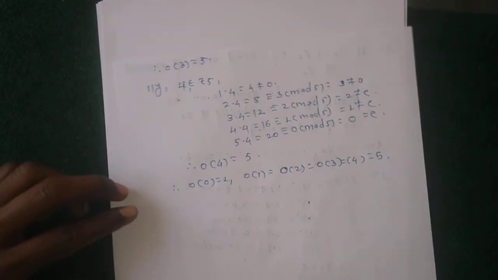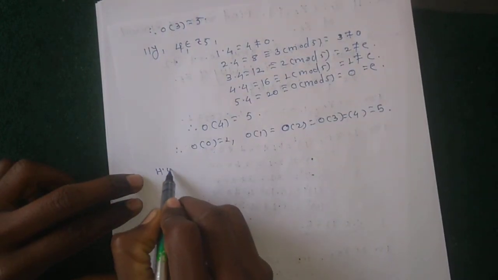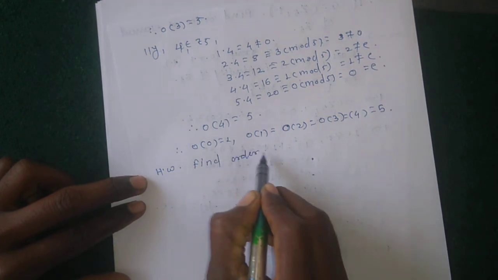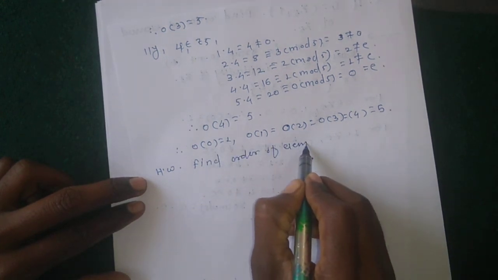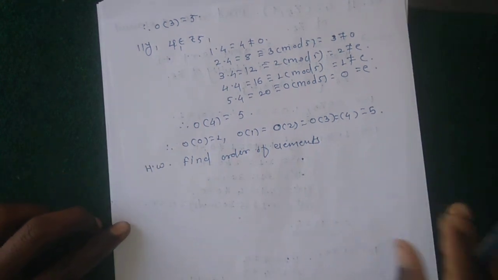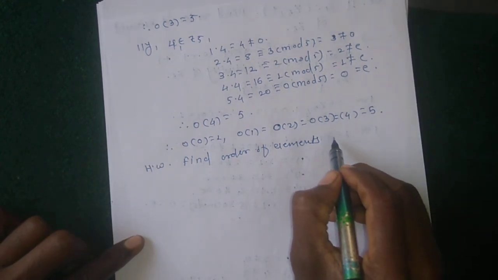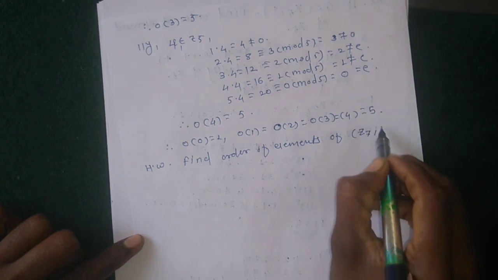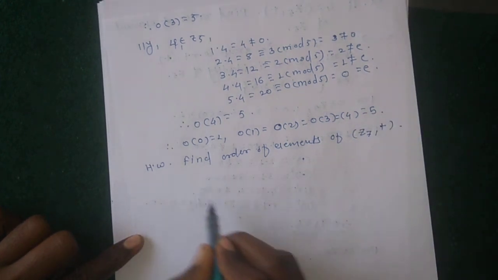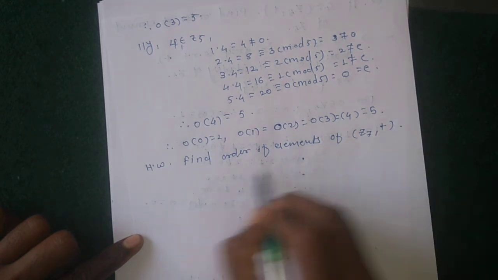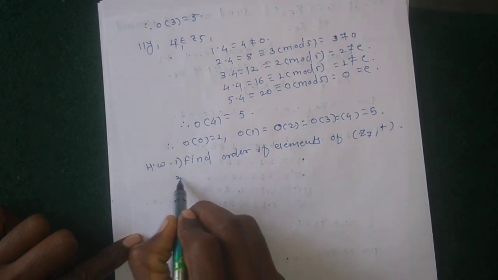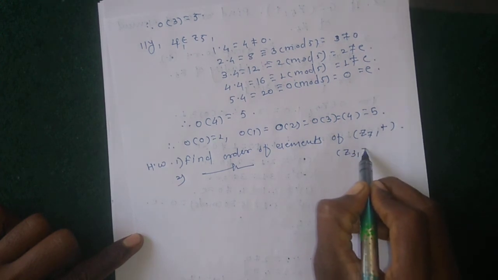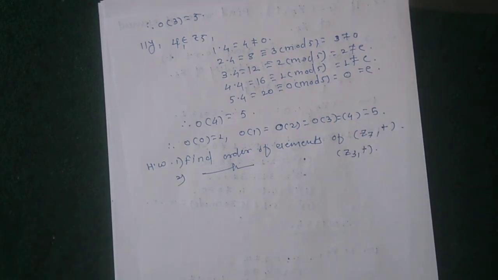Then similarly, solve. Find the order of elements of Z7 with respect to addition. This is the first example, this is the second: find the order of elements of Z3 with respect to addition.